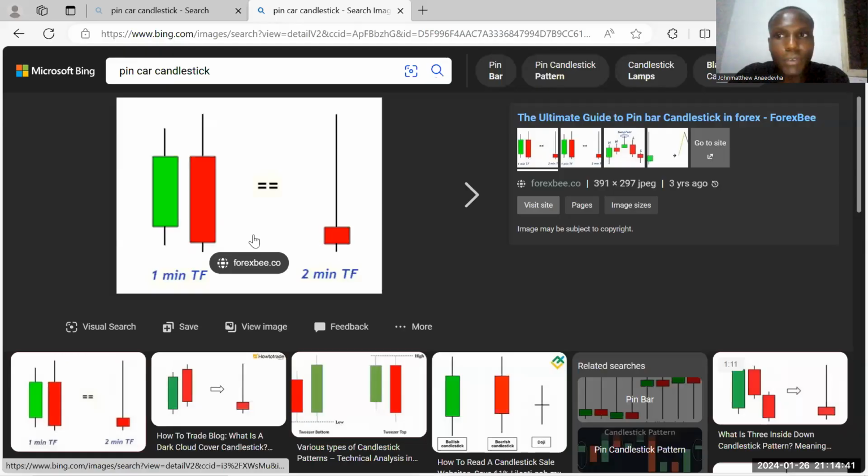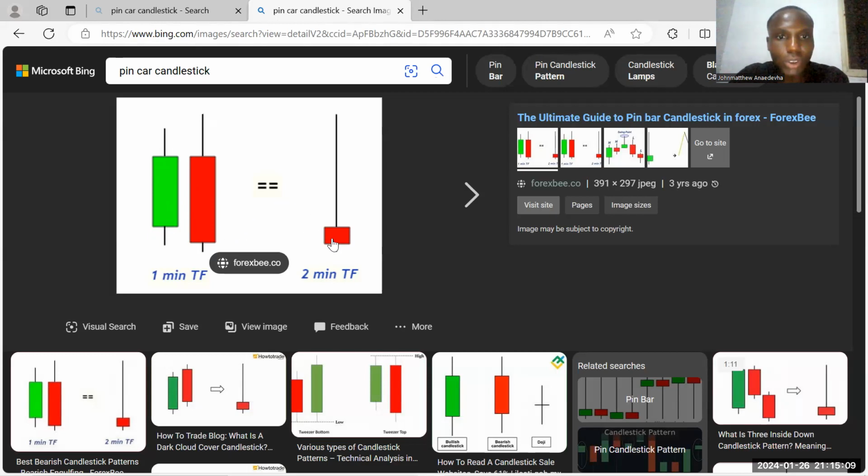So on the higher time frame, the pin bar represents this. What we are seeing right now is what the pin bar represents, right? So what we see on the lower time frame is a candle that pushed bullish before moving bearish, with the bearish candle being bigger than the previous bullish candle, right?